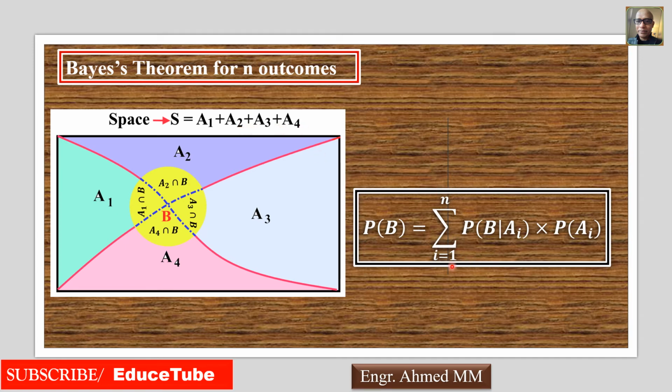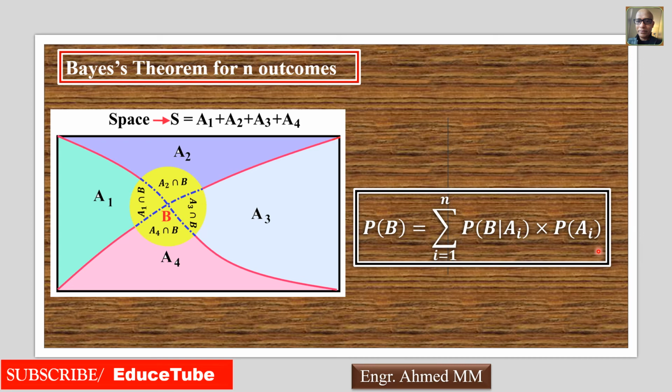In generalized form I am writing I equal to 1 to n summation of the same formula, probability of B given AI times probability of AI. If I put the value of I as 1, the previous slide's first term will come, probability of B given A1, probability of A1. So in generalized form we can write this equation as the summation from I equal to 1 to n.